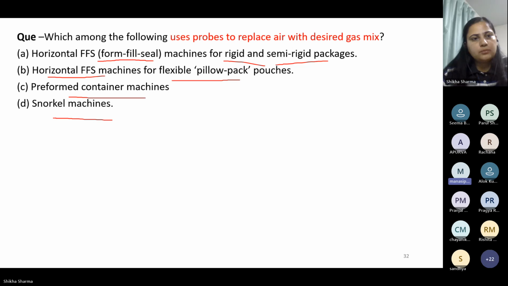Option A, ma'am. Option A, horizontal form fill machines for rigid and semi-rigid packages. Other people, please share your opinion.